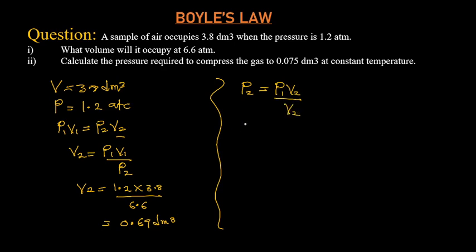Okay, so P2 is going to be equal to 1.2 times 3.8, and all of this divided by the new volume, 0.075. Okay, so let's put this in a calculator. We'll have 60.8 atm.